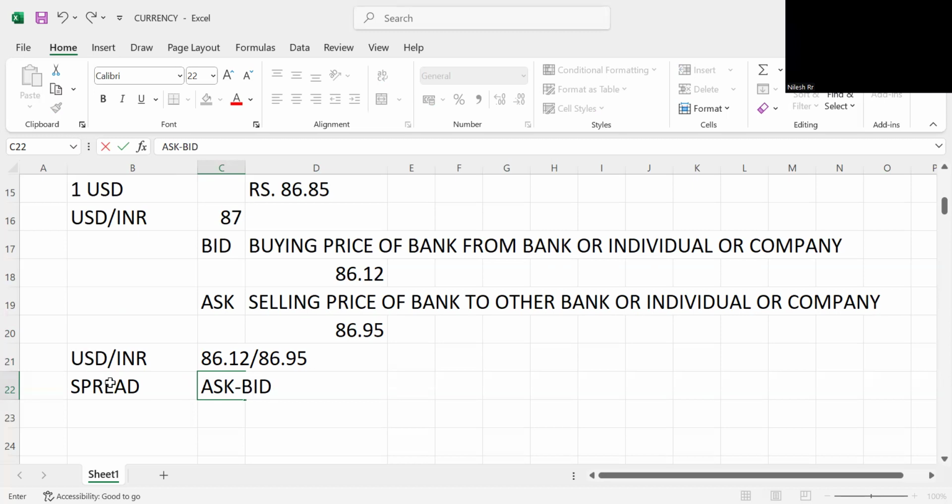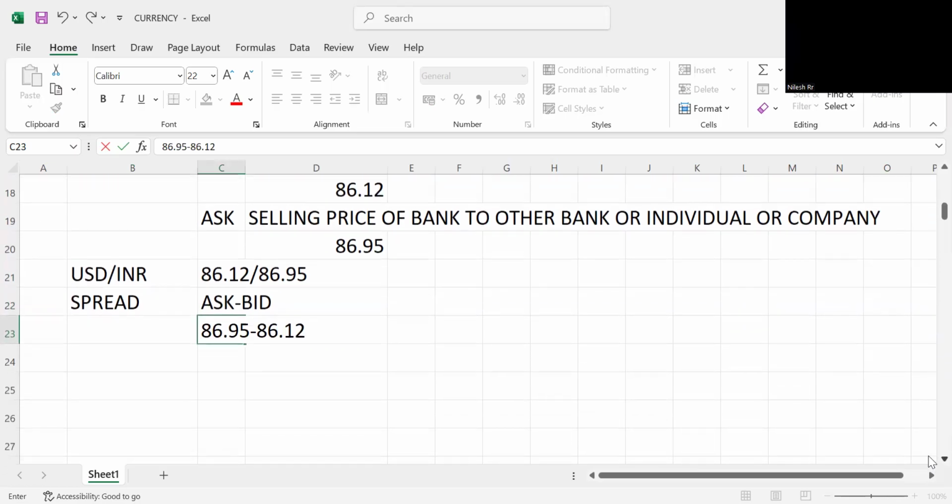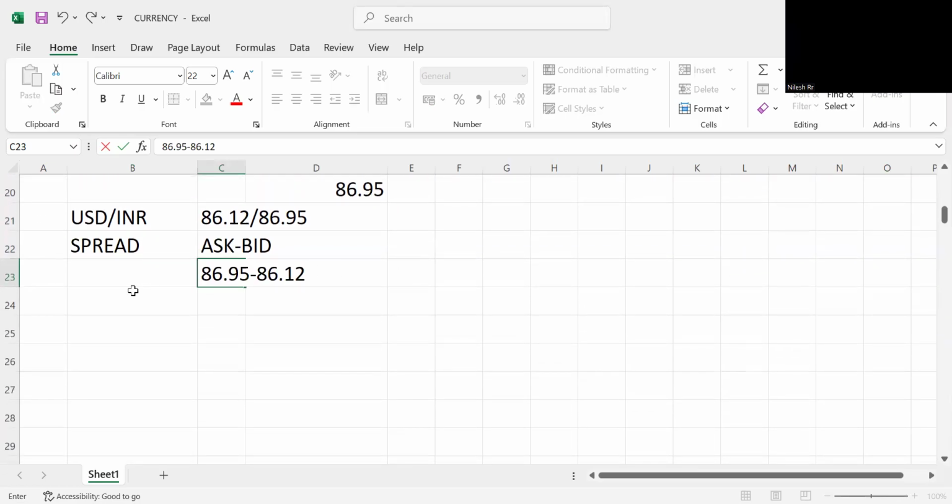And ask minus bid over here, you can see that 86.95 minus 86.12. So your spread is how much?